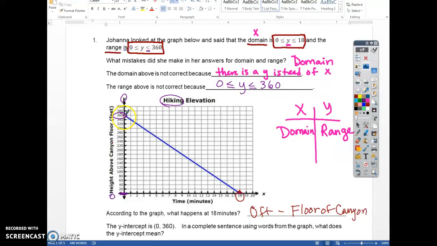So you're writing this in a complete sentence: they started the hike at 360 feet above the canyon floor. Esto es donde comenzaron. Comenzaron con 360 pies. Okay? So you just write it in a complete sentence. I'm not going to write it for you.